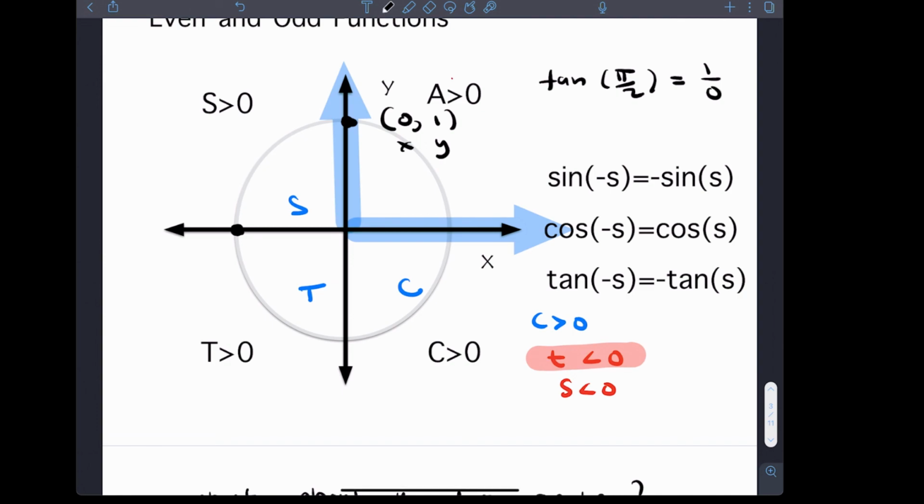Is that undefined? It's 1 over 0. Is that right?